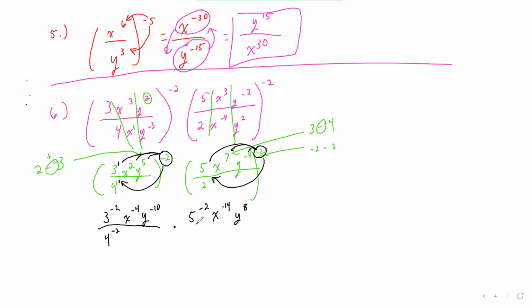There we go. All right. Yes, because -4 times -2, two negatives will give me a +8.